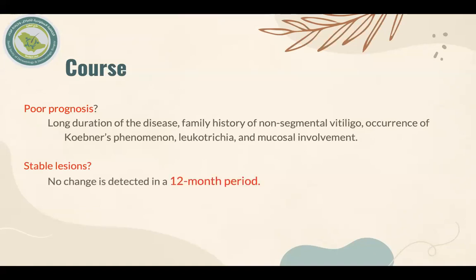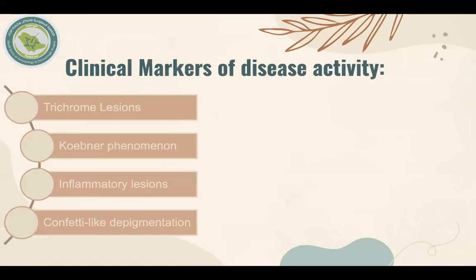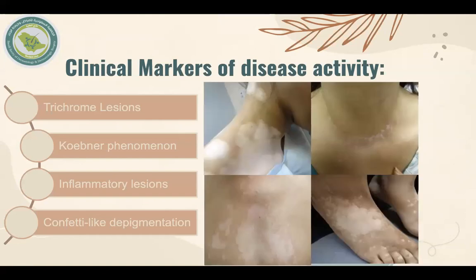The lesion is considered stable when there is no change detected in a 12-month period. Clinical markers of disease activity include trichrome lesion or Koebner phenomena, or inflammatory lesion, or confetti-like depigmentation.